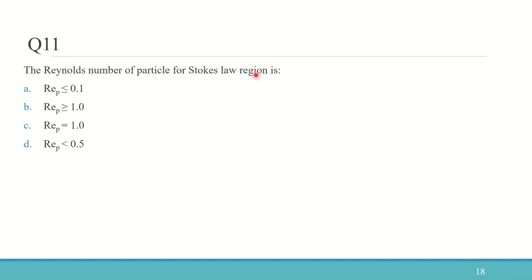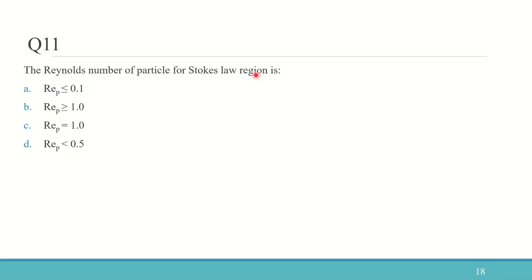So what is the Stokes regime? The Stokes regime is when we have the laminar zone and a creeping flow kind of thing. Since it is laminar flow, it happens at a low velocity, so V should be very low, and with low velocity and laminar zone, the Reynolds number is also very low.